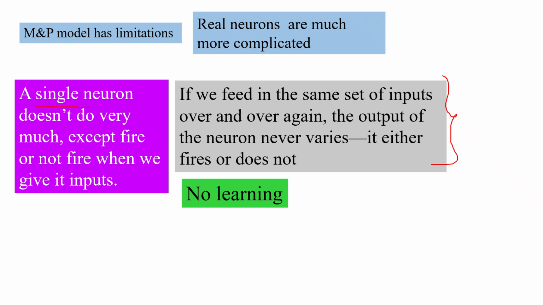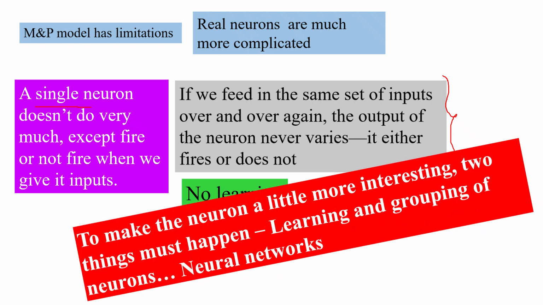So learning has not been incorporated, which means if we want to do interesting things with a neuron, we must think about how the learning happens or how the weights change. In fact, we just saw that by changing the strength of synaptic connections, our brain learns. So how do we change the weights? How do we group the neurons into a neural network?